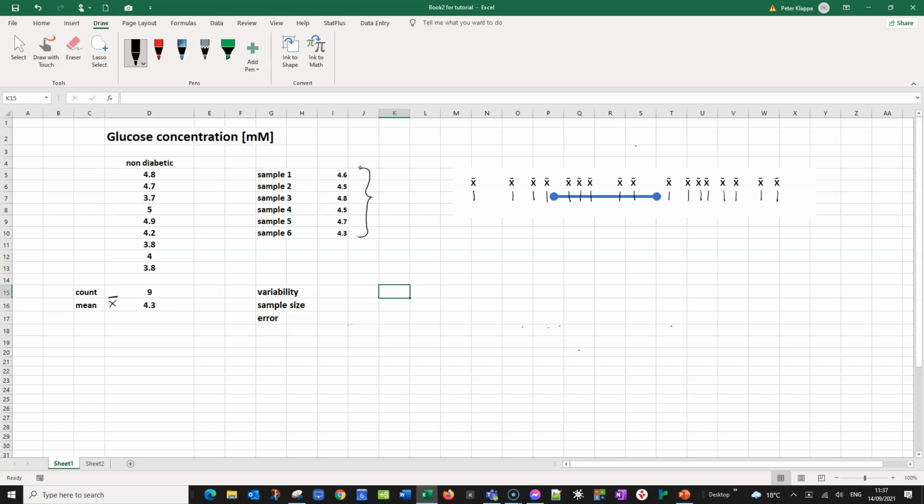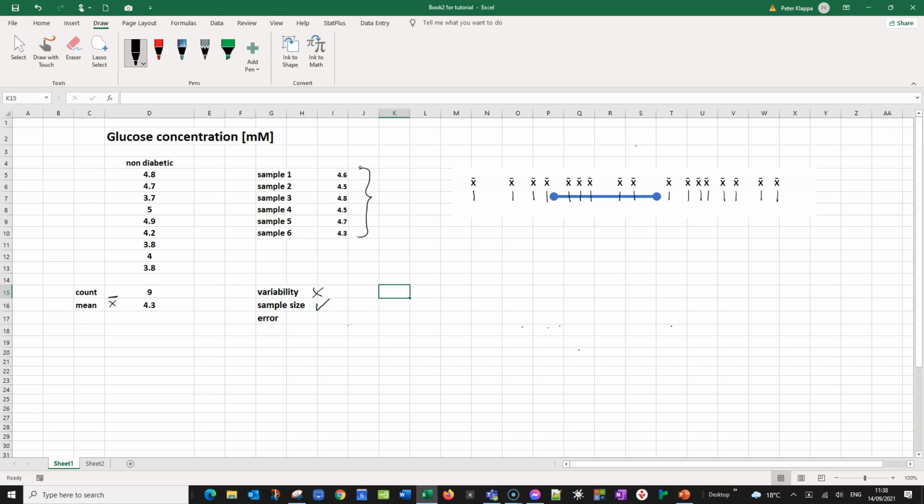And we said the size of the confidence interval depends on the variability within the population. That's something we really don't have a lot of influence on. We can't change this variability. It depends on the sample size. The larger the sample size, the smaller the confidence interval, and that is something we have control over.